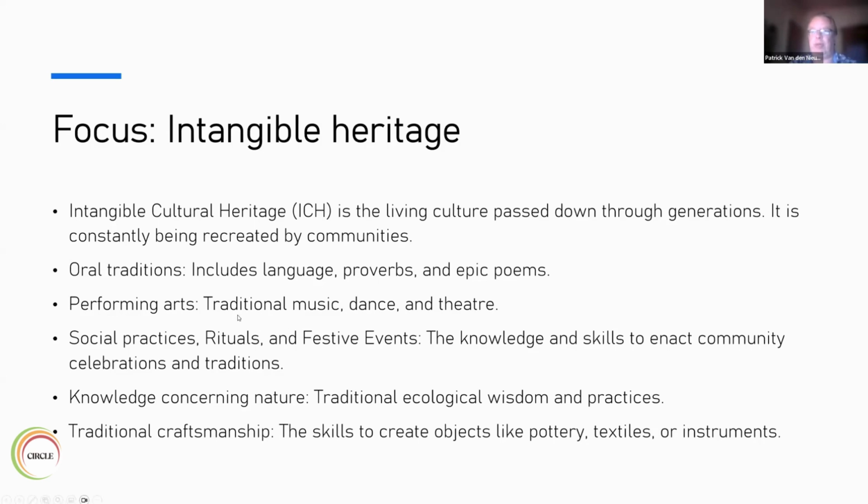Like, for example, the oral traditions, the stories that are told, even the language, you can bring it under the category of oral traditions, performing arts, what I was referring to, the traditional music, dance and theater, social practices, how to make the traditional clothes, for example, can be under this category.